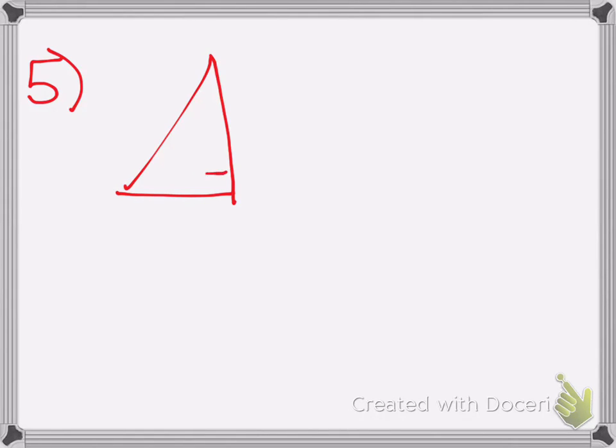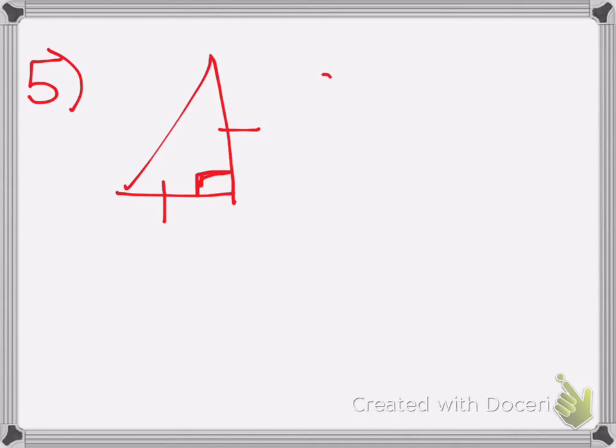There is one other triangle we need to look at in the examples. If you'll look at number 5, we've got the same situation we just had, and there's two marks like that on the sides.